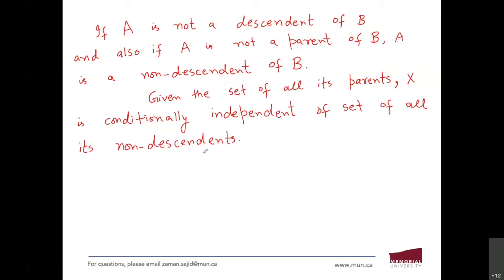Given the set of all its parents, X is conditionally independent of the set of all its non-descendants.